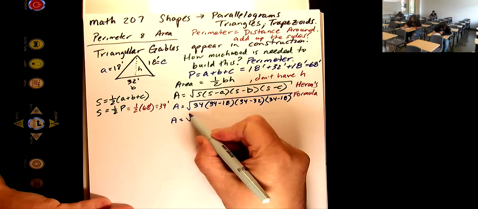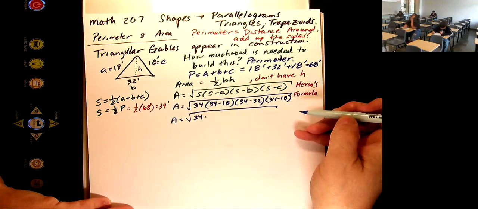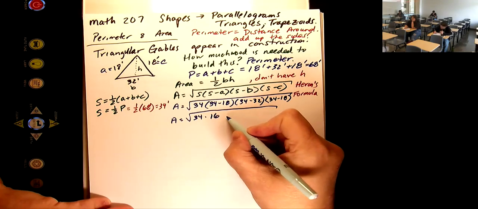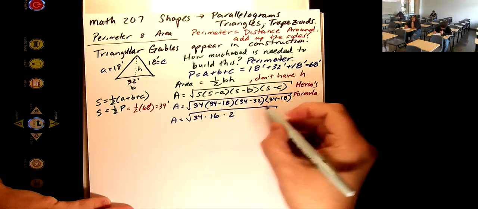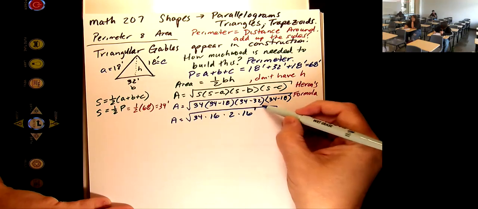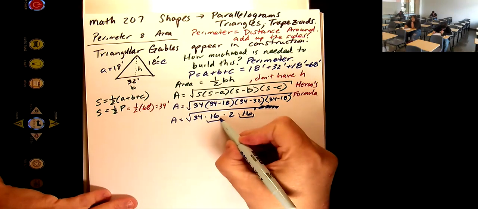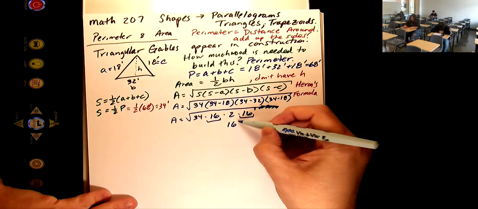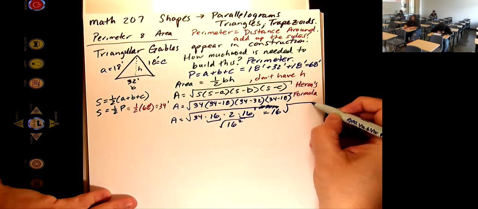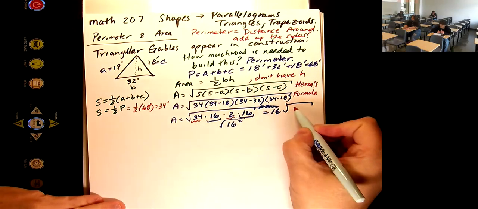I've got the square root of 34 times 16, times 2, times 16 again. I guess I don't need all that extra. Since we did this in the last chapter, when we get two of them, this is 16 squared, and the square root of it just comes out as 16. And then I have 34 times 2 left. It's 68 on the inside.